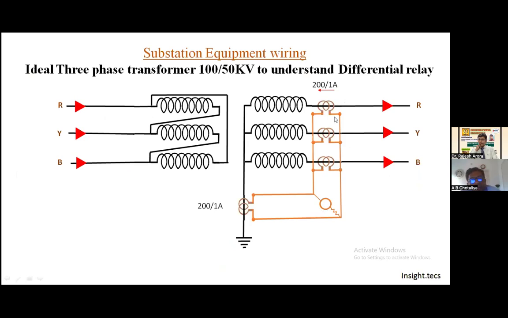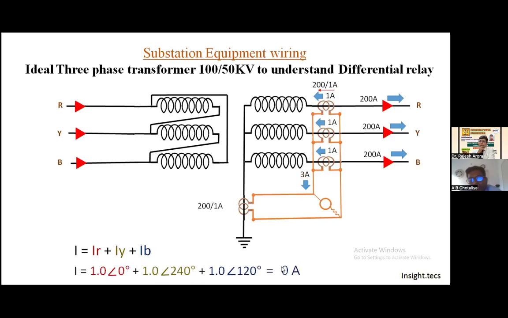REF protection is always on the star side of the transformer, and it works like this. As there is 200 ampere outgoing from these coils, 1 ampere will be produced in all three phases, that will come to here, but it will not be a summation like 3 ampere, due to the three phases, and the algebraic sum of the three phase currents will be 0.